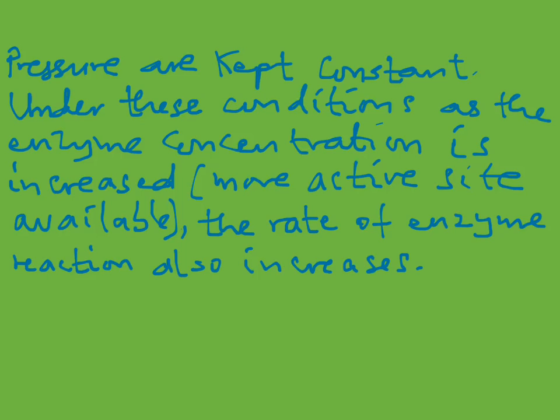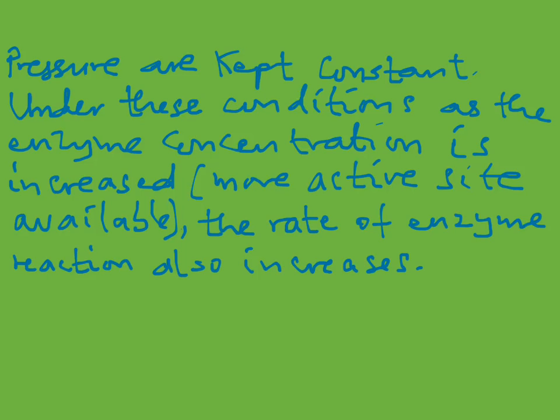And if we increase the number of sites of the enzyme, the reaction will continue because more substrate will bind now to the free active sites. Therefore, when we increase the concentration of the enzyme, the reaction continues until all the active sites are occupied. And when all the active sites are occupied, the reaction stops.